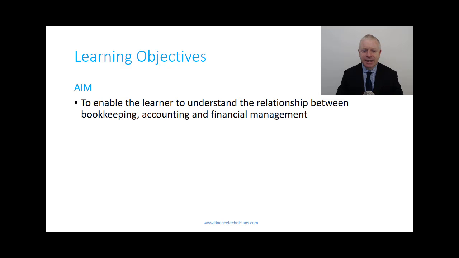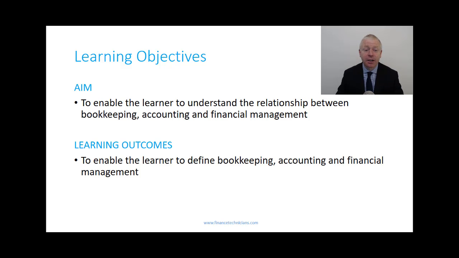So we look at some detail in relation to what bookkeeping is in the first part of the syllabus, and you also need to know how it's linked with accounting and financial management. The learning outcomes at the end of this particular short lecture are to enable the learner to define bookkeeping, accounting and financial management. So that will give you a clear understanding as to what each aspect of the financial system is covered by each one of these particular areas.